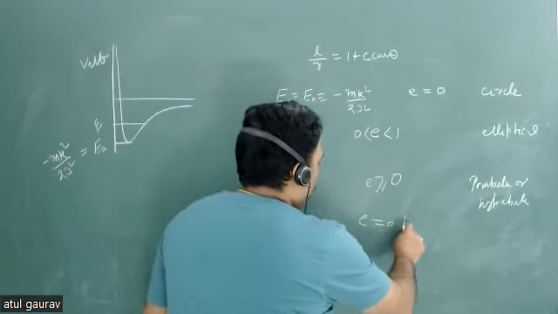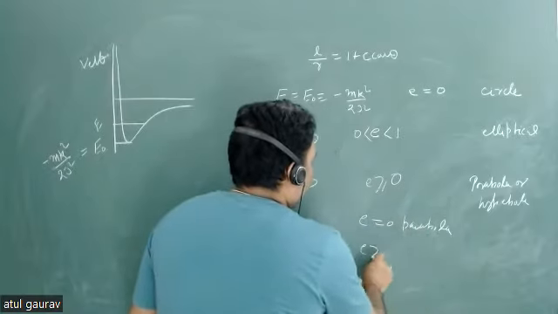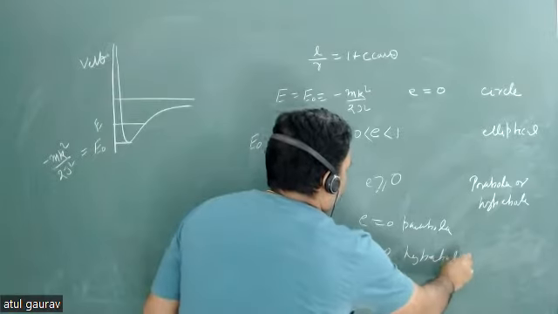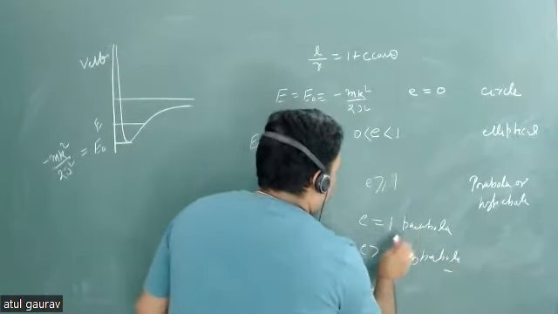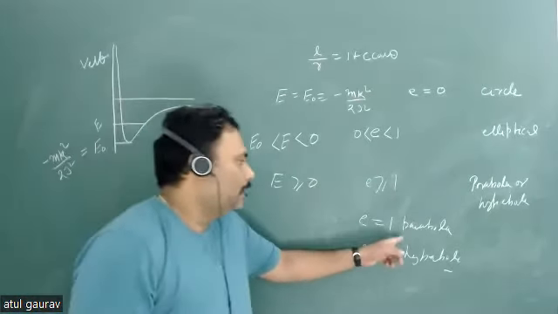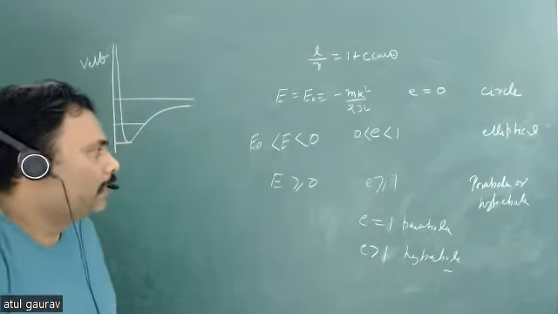E equal to 1 is parabola, and E greater than 1 is hyperbola. Sorry, greater than 1. So E is greater than or equal to 1: E equal to 1 is parabola, greater than 1 is hyperbola, and the bound nature is parabola and ellipse.